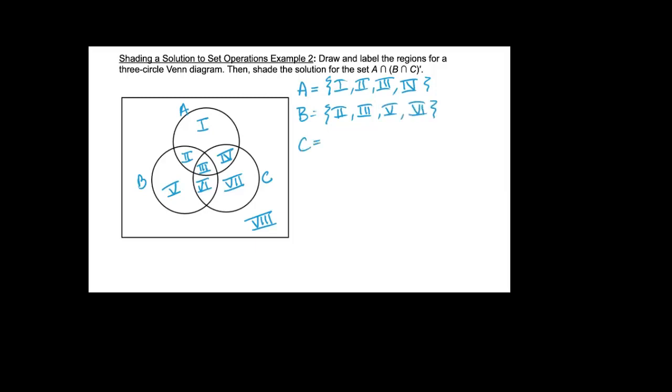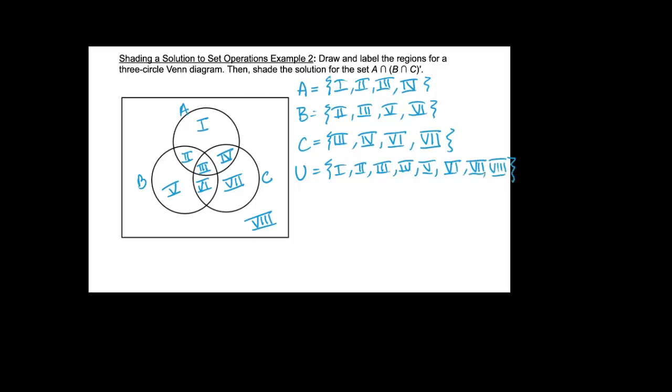Set C has, let's see, we can do it in order, 3, 4, 6, and 7. Okay, and then the universal set is all of them: 1, 2, 3, 4, 5, 6, 7, and then 8.